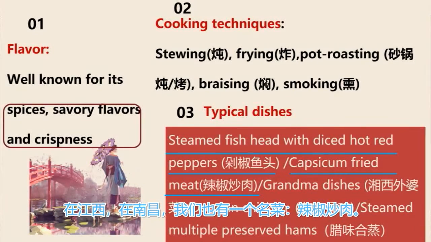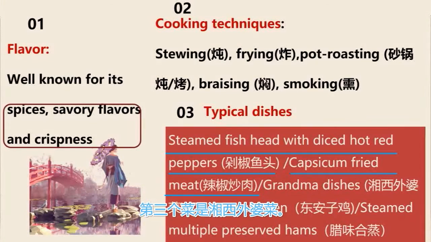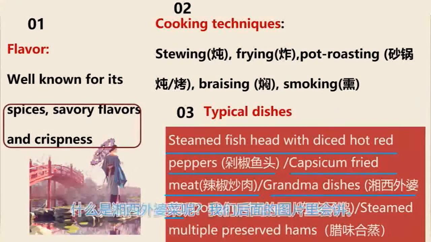In Nanchang, in Jiangxi province, there is also a very famous dish that is 辣椒炒肉. Okay. And then third, grandma dishes. 湘西外婆菜. What is 湘西外婆菜? We can see that in the latter pictures.